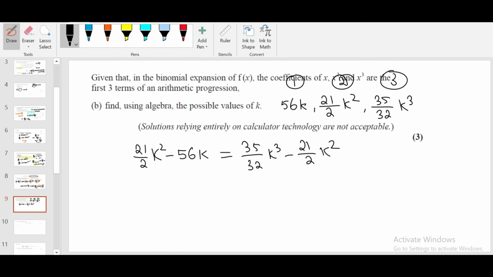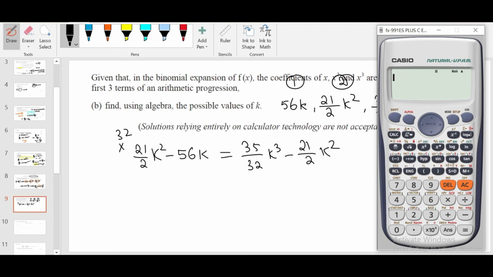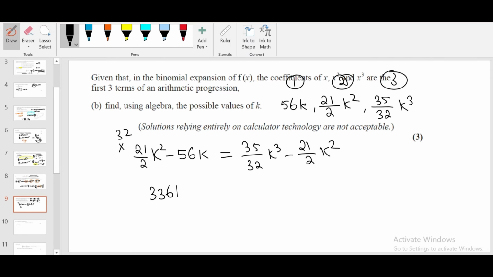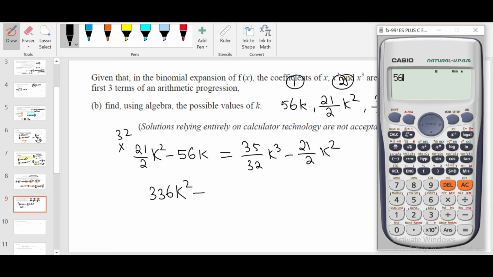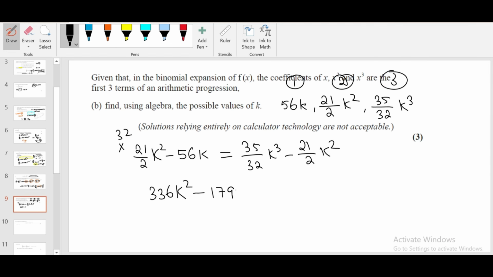So what I'm going to do is multiply everything by 32 to get rid of all these fractions. So when I multiply this by 32, it's 21 times 32 divided by 2, which is 336k square, minus 56 times 32, which is 1792k.